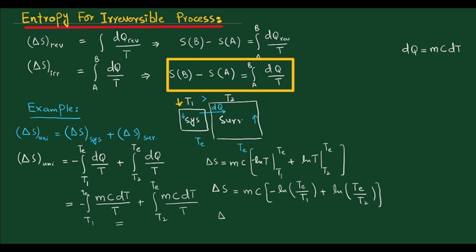Now the change in entropy for the universe is equal to mc times the natural log of Te over T2 divided by Te over T1.